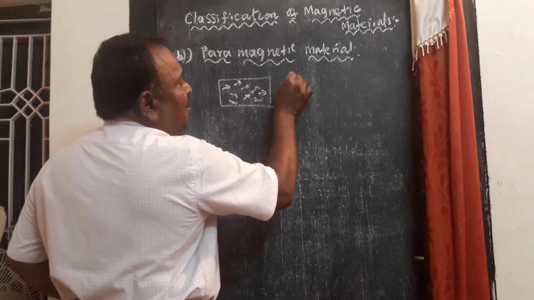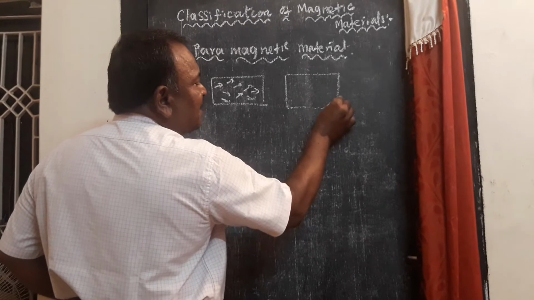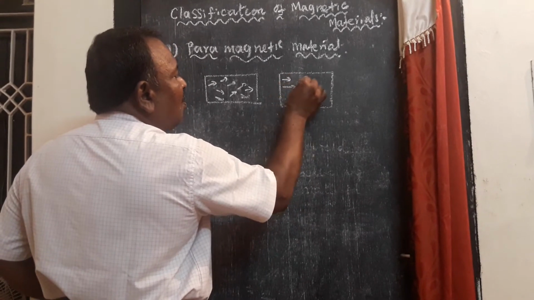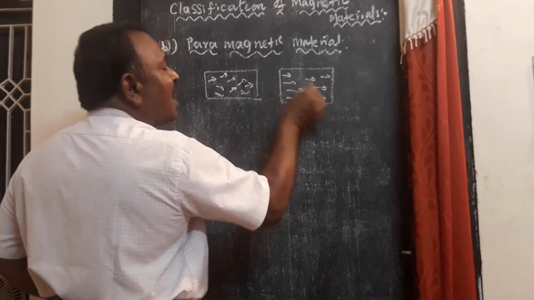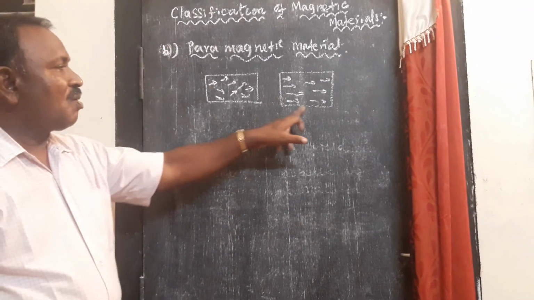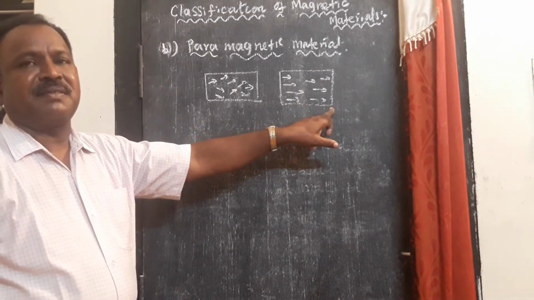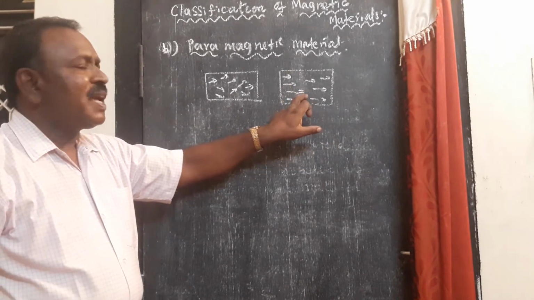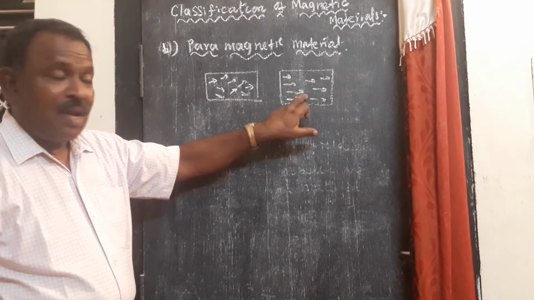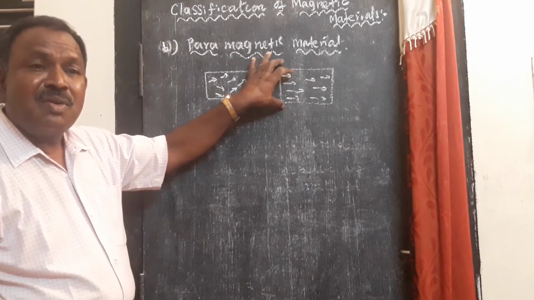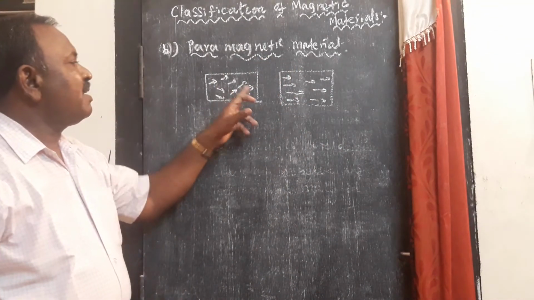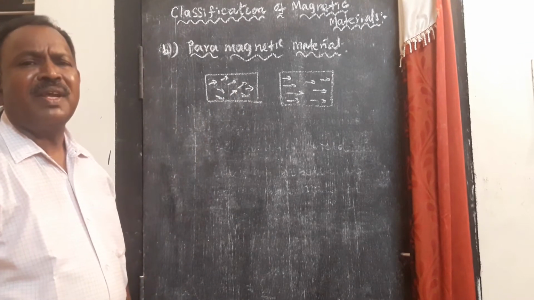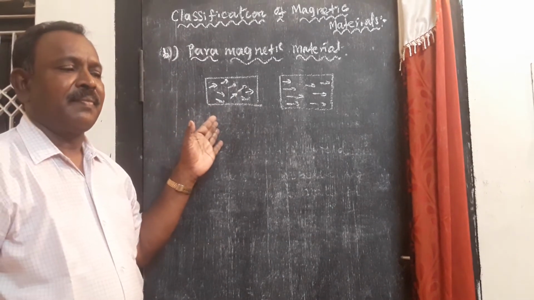But when the magnetic field is applied, all the magnetic moments will tend to align in the direction of the magnetic field. This alignment will exist as long as the external field exists. Once the external field is removed, again the magnetic moments will orient in different directions.